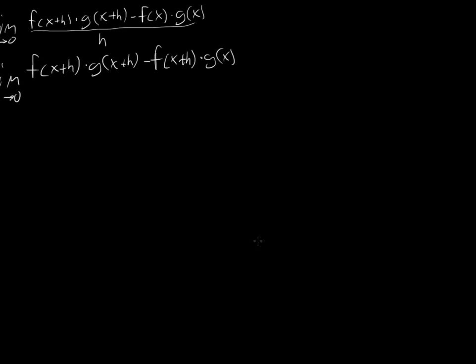What I'm going to do now is add it again, which would make this segment here 0. F of x plus h times g of x. I'm just adding 0. I'm not doing anything really.